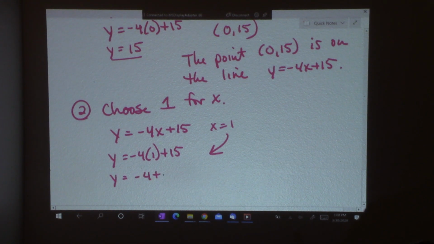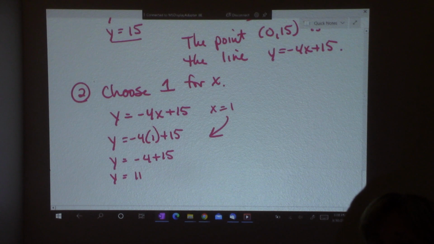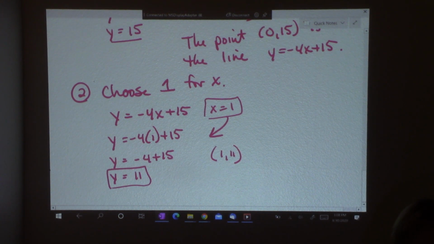So negative 4 plus 15. When I add negative 4 to 15, I get 11. Why not choose the easy ones? Make life easier and better. So when x is 1, y is 11. Those go together, so the point 1, 11 is on my line. It's another solution to the graph.